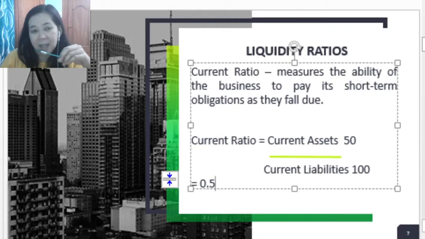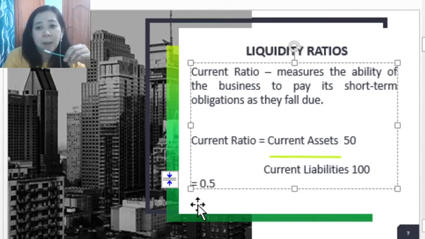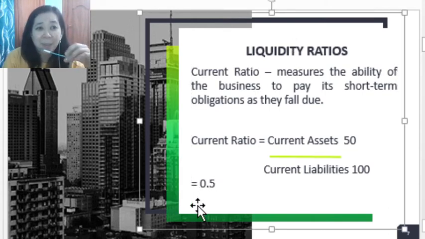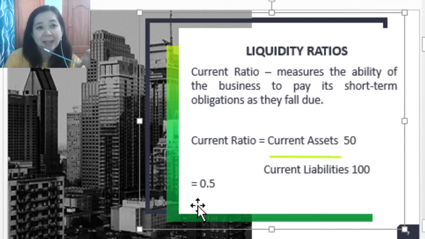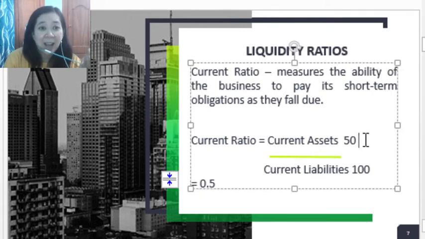In this example, the company cannot actually pay their liabilities fully. They can pay their liabilities, but only up to 50%. This is not a good indication because your current assets are less than your current liabilities.